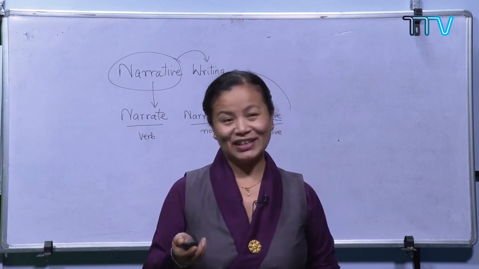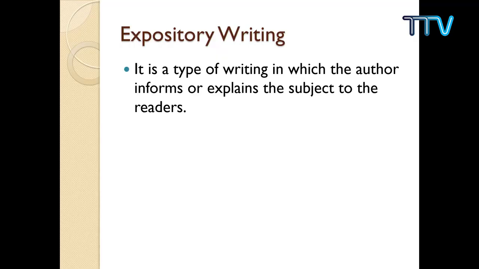So let's look at the slide. It is a type of writing in which the author informs or explains the subject to the readers. Whatever the author wants to explain or inform, the author is doing that.